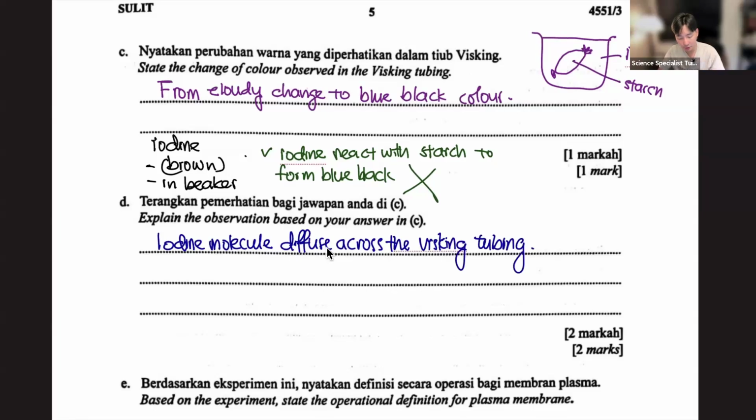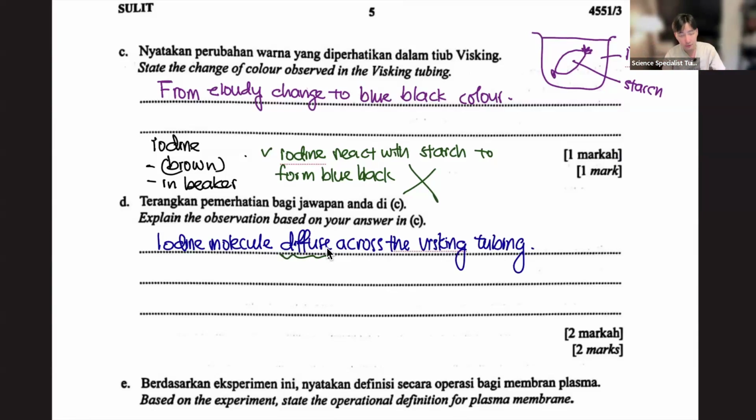What is meant by diffuse? Diffuse is not active transport. Diffuse is movement from more substances to less substances, high concentration to low concentration, without any ATP. Facilitated diffusion, simple diffusion, no energy, no ATP, more concentrated go to less concentrated. That's it.